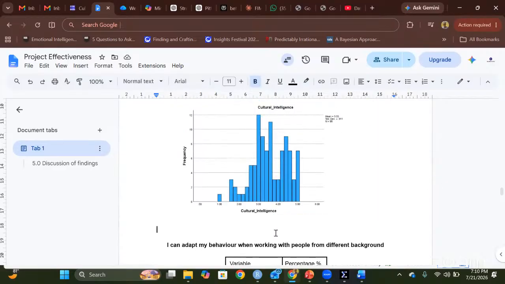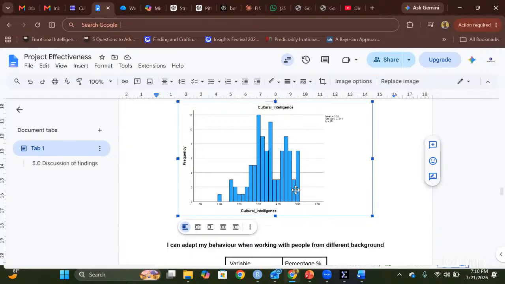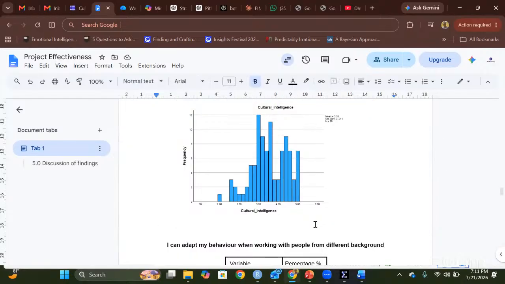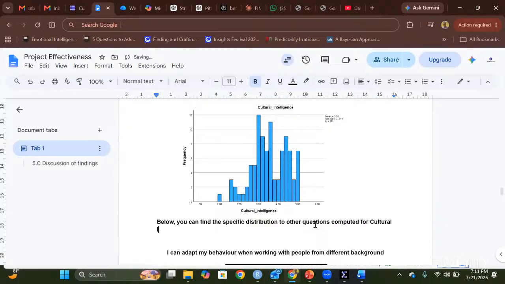But because we want to also, cheat. So below you can find the specific distribution to other questions computed for cultural intelligence.